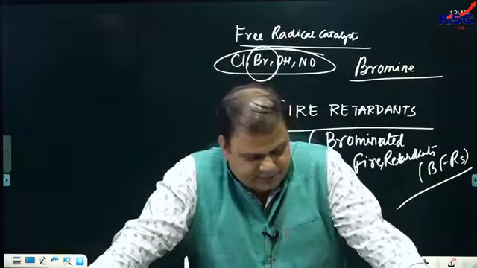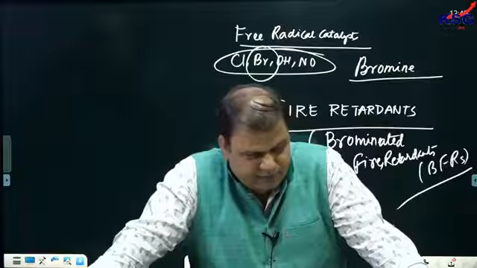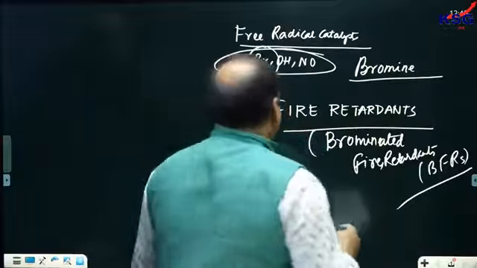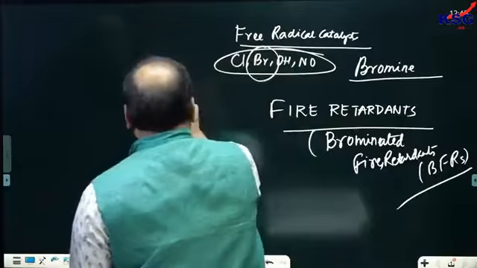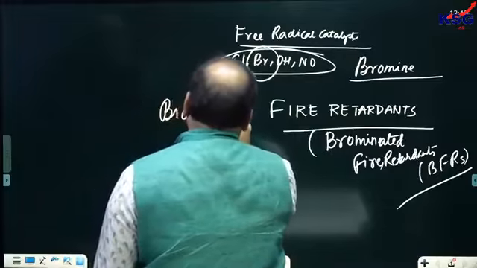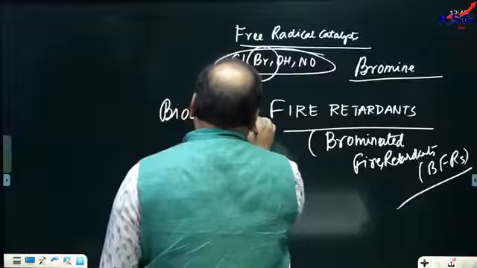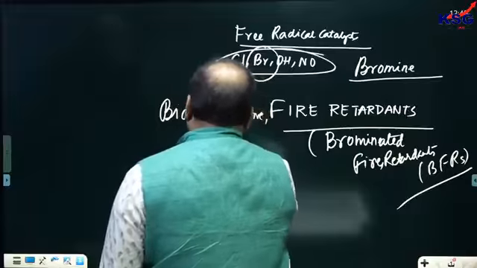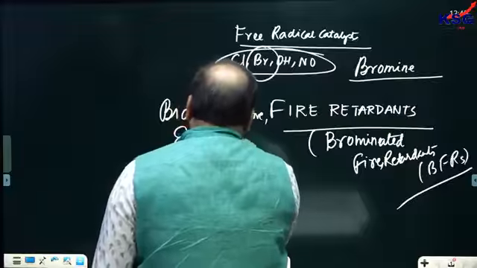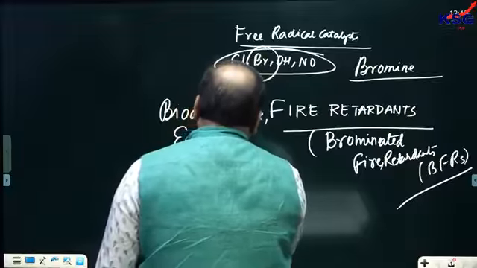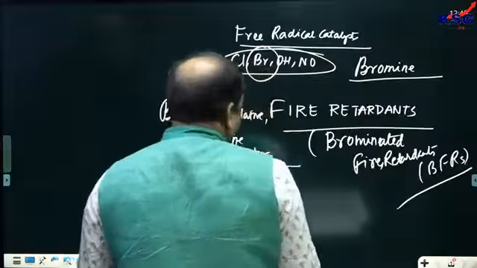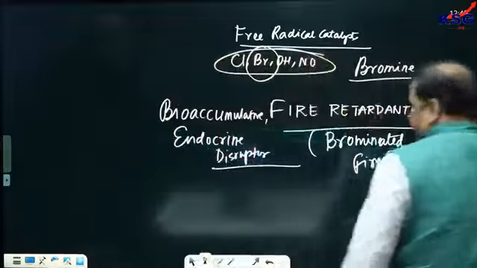that it is bioaccumulative in nature. Bioaccumulative in nature means that it enters the food chain, and acts as an endocrine disruptor. This they have asked you in examination.